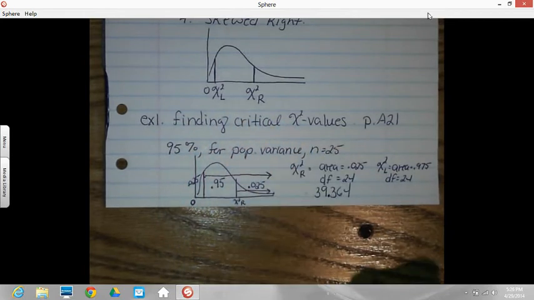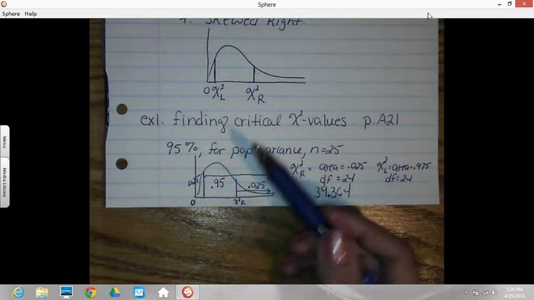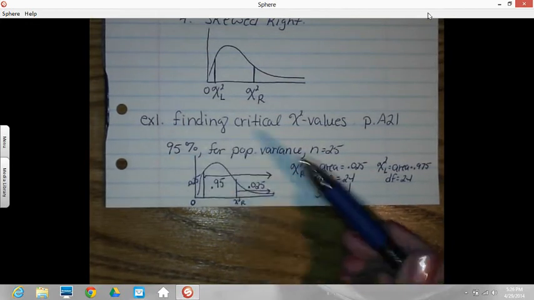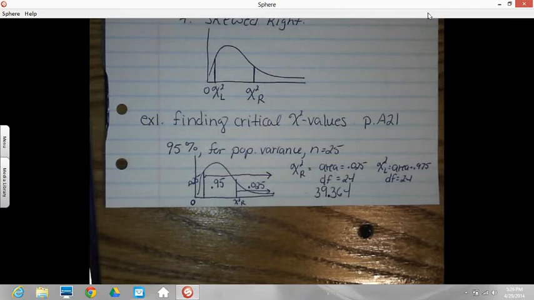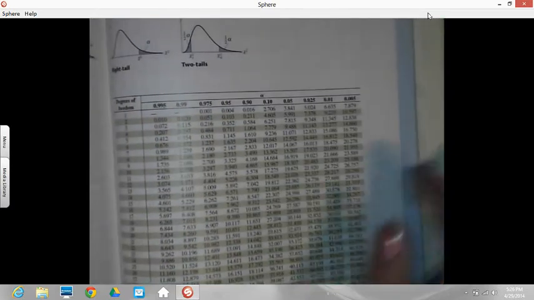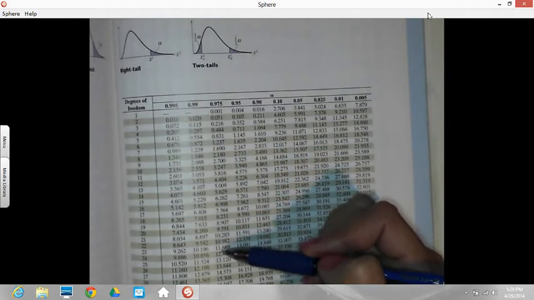And then degrees of freedom. Like I said, everything we've done with the inv norm and the inv t, we needed area to the left. Now they switch gears and make you go area to the right. So chi-squared is the one where we want area to the right. The other ones we want area to the left. So looking up 0.975 and down to 24, 12.401.